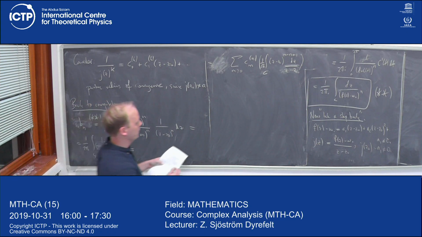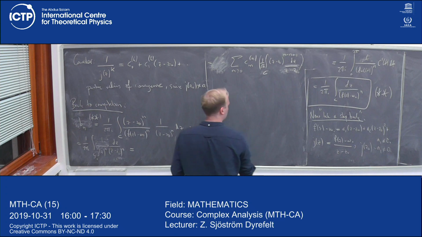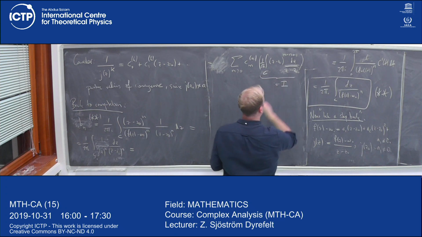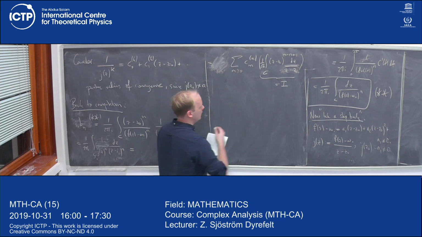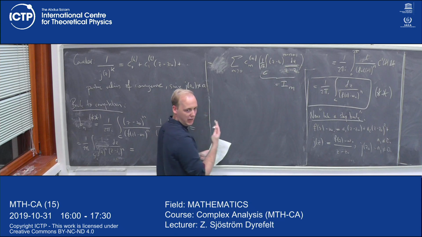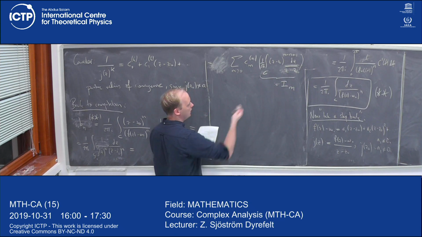And this is good because, now what does this integral equal? Let's call this integral I. It depends on m, so let's call it Im. n was fixed, so Im.